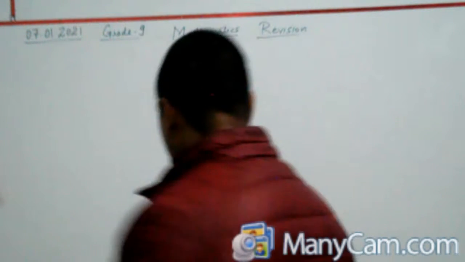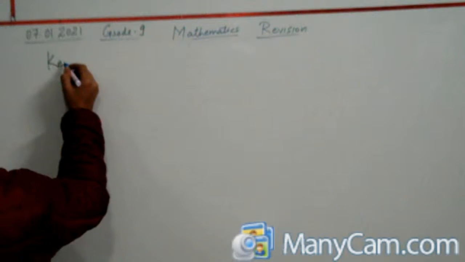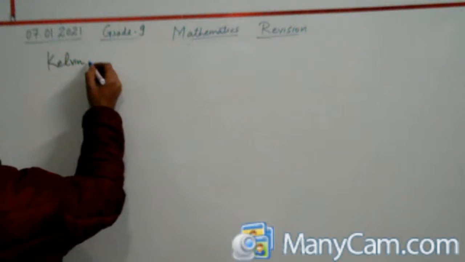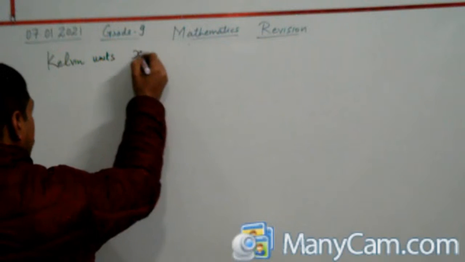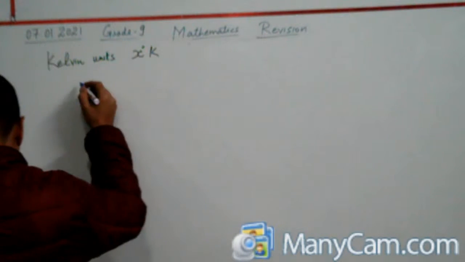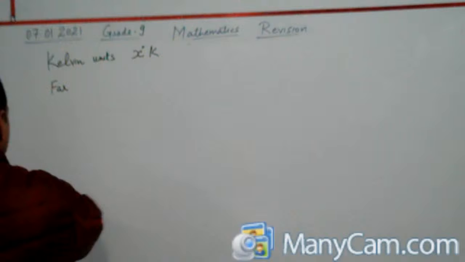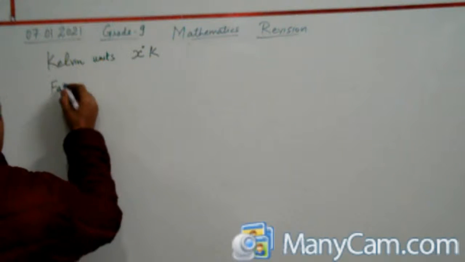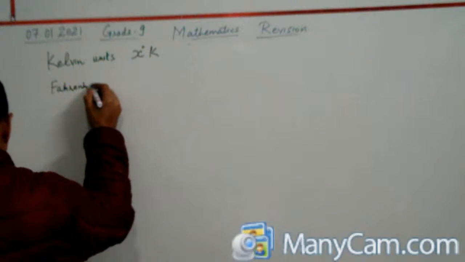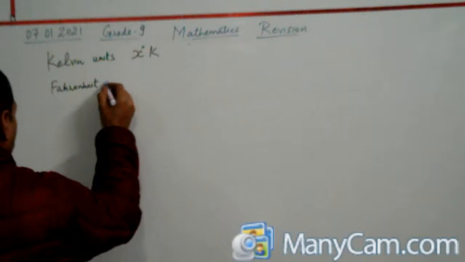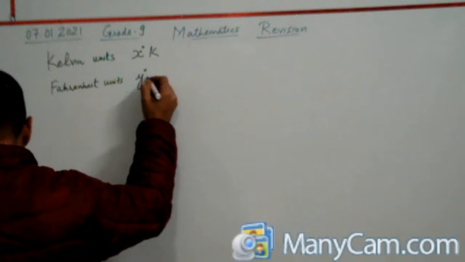Kelvin units are x degree K, and Fahrenheit, they are y degree Fahrenheit.